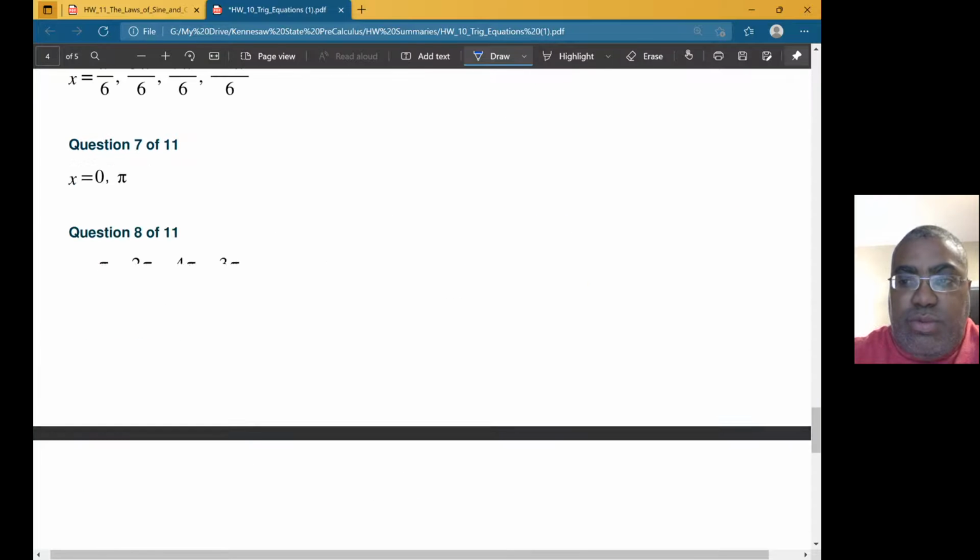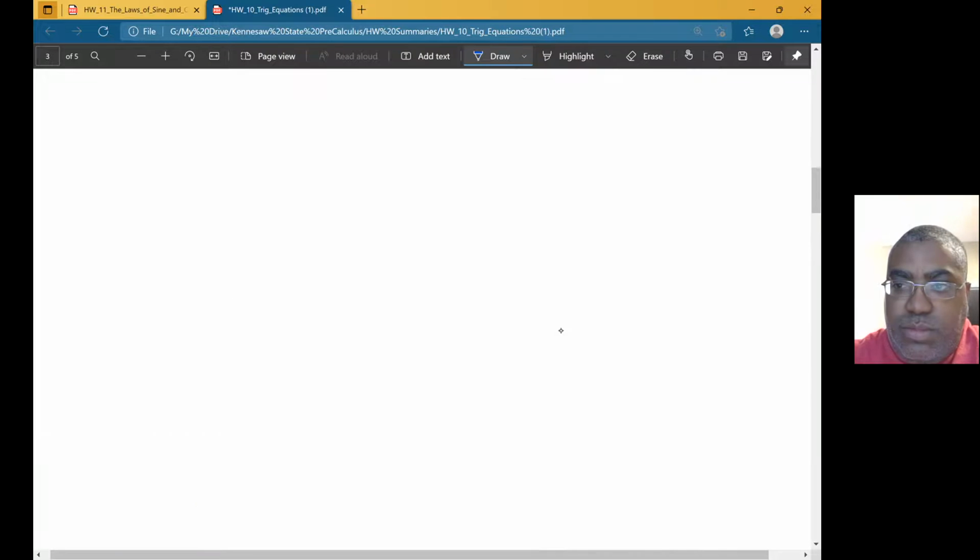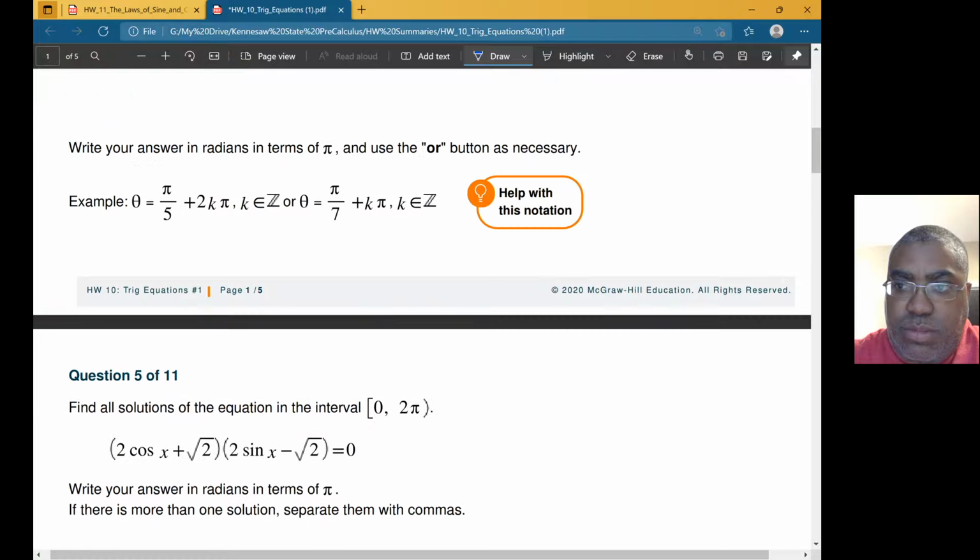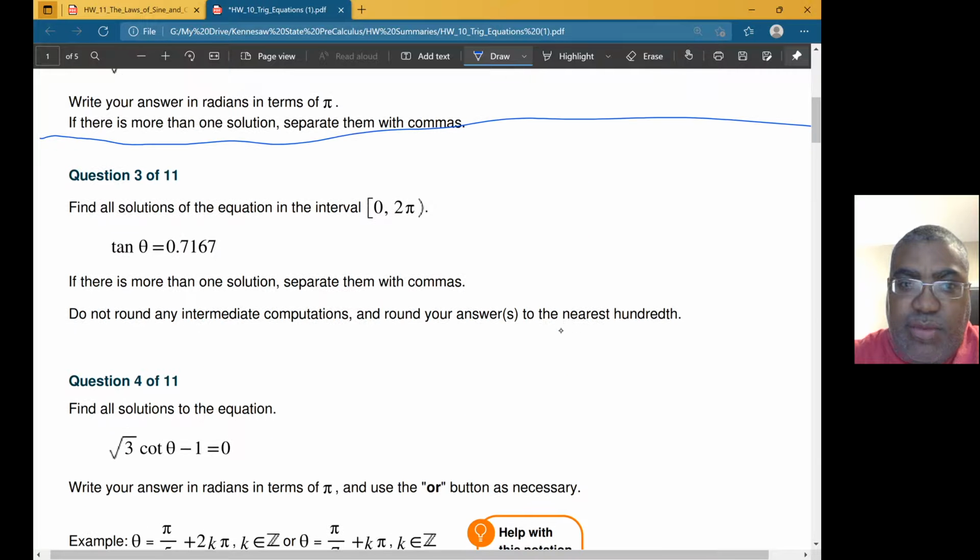Go back up. All right, find all the solutions of tan of theta is equal to 0.7167. Now, I need to draw a circle for you to see something.